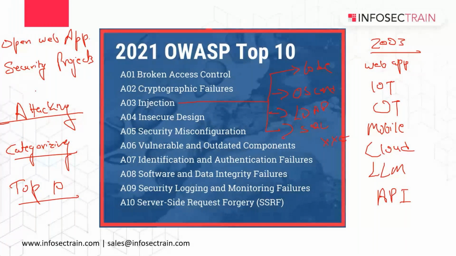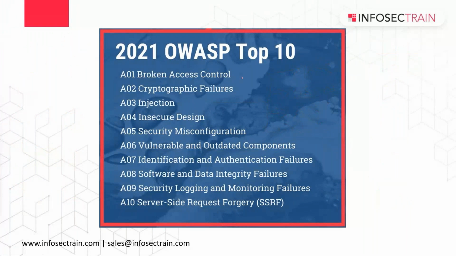Now, let's talk about this OWASP top 10 one by one. The first one is broken access control. When we talk about broken access control, there were two vulnerabilities in OWASP Top 10 2017.